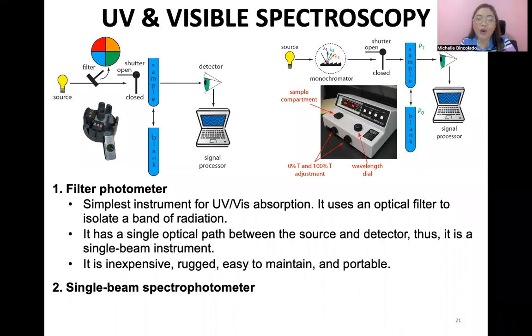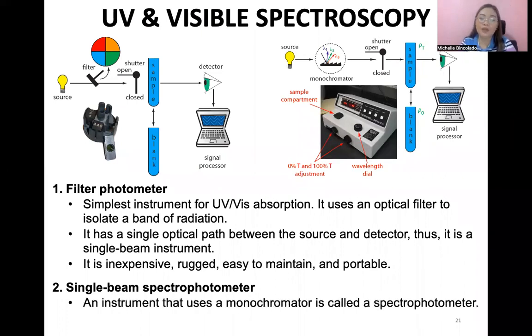Ayan. Next is our single beam spectrophotometer, the instrument you have seen in the video a while ago. So ma'am, bakit siya single beam? Kasi guys, isa lang yung path ng light from the source to the sample to the detector. Kaya siya single beam. Mitch, bakit naman tinawag siyang spectrophotometer? If the instrument uses a monochromator as its wavelength selector, guys, yung spectrometer na term, ginagawa nating spectrophotometer.